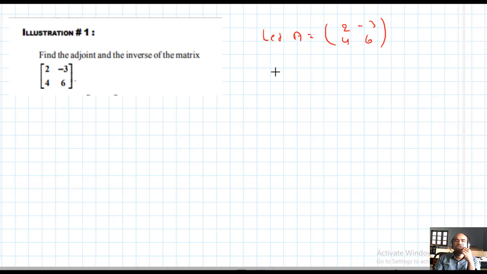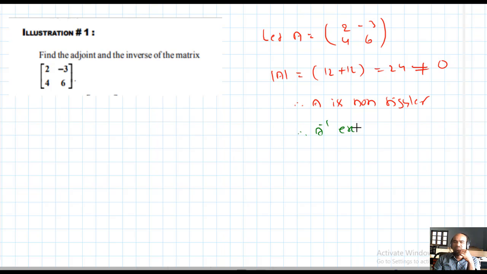First of all, you need to find det A. Det equals 12 plus 12, that is 24, which is not equal to 0. Therefore, A is non-singular. Therefore, A inverse exists.